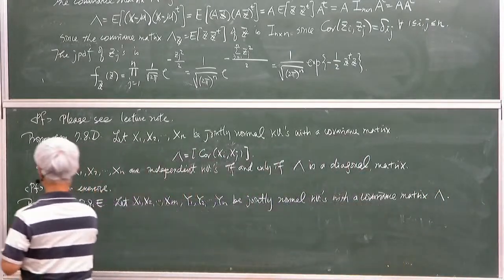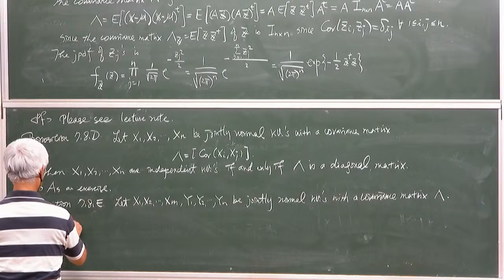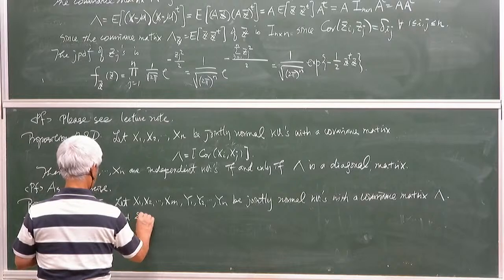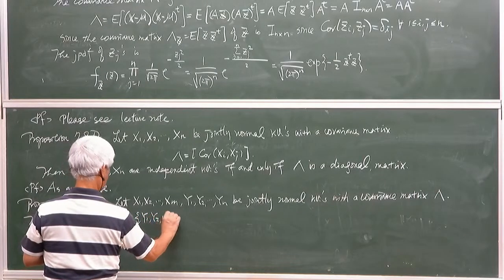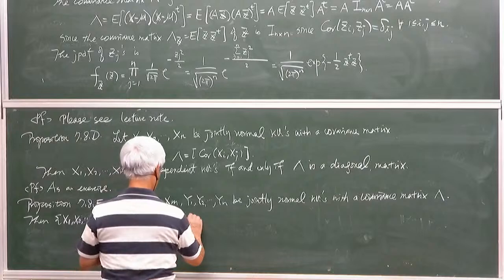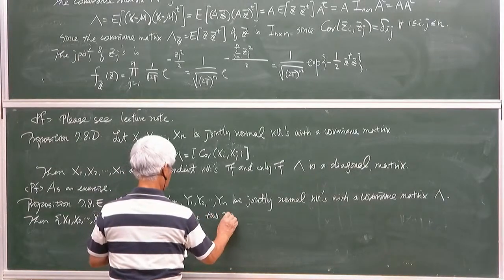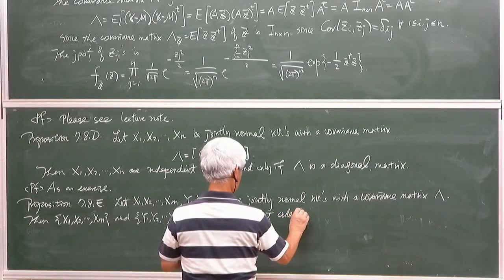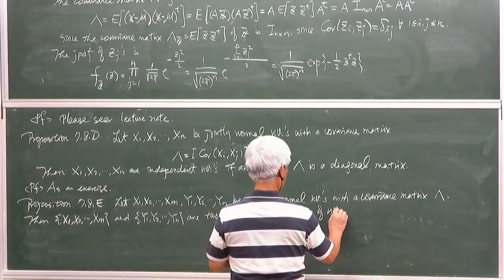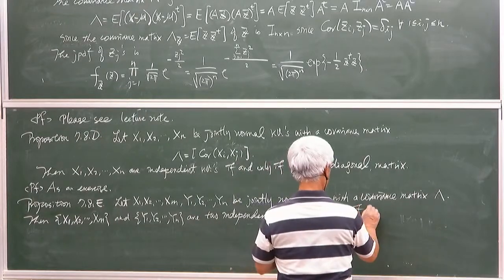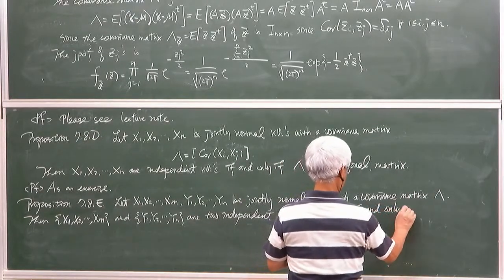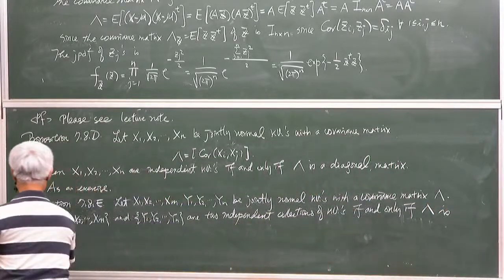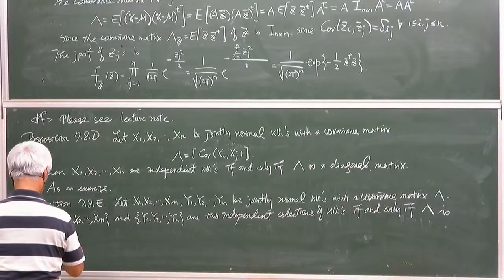Then the X collection and the Y collection are two independent collections of random variables if and only if lambda is block diagonal.